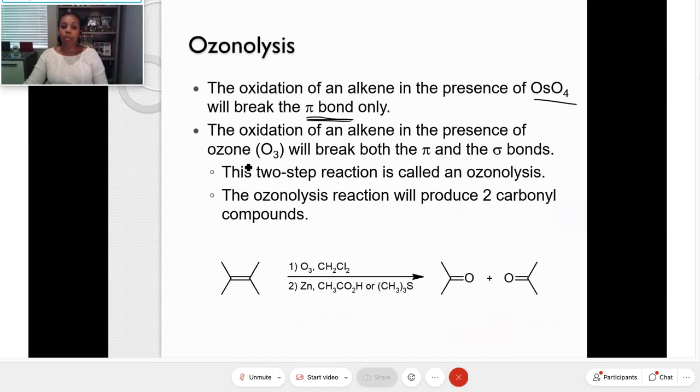But with this new reagent, ozone, O3, we can break both the pi and the sigma bonds. That's rare, right? We said pi bonds are weak, sigma bonds are strong, but we can break both of the bonds here.